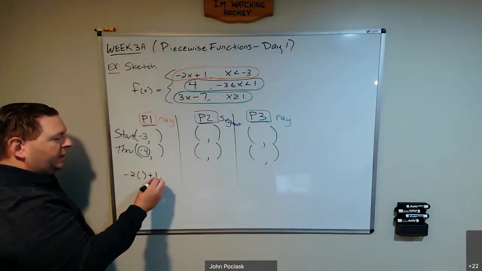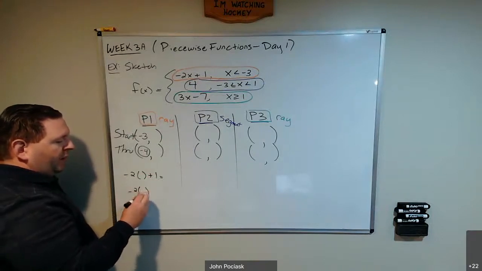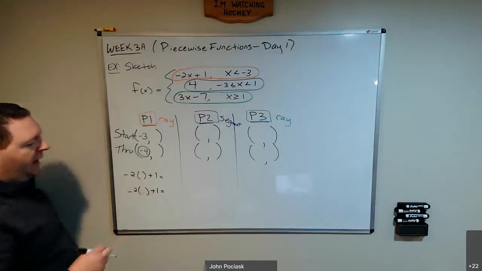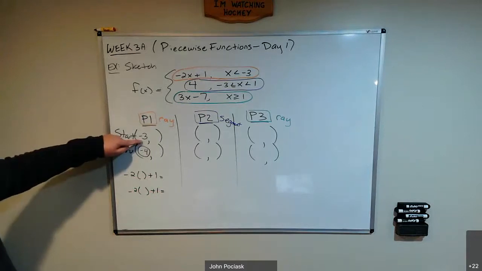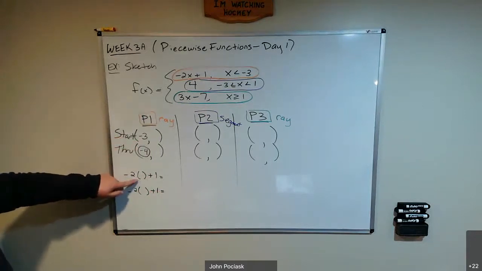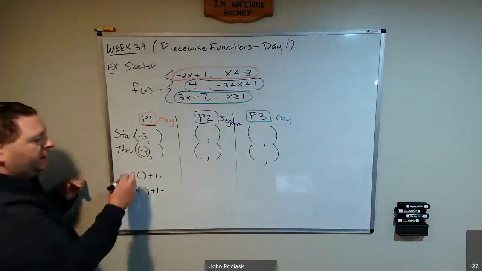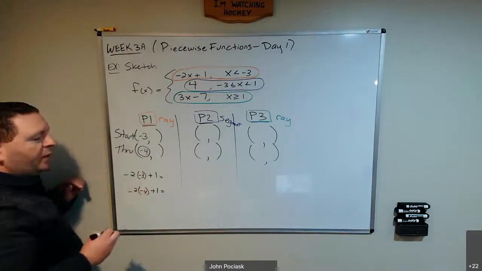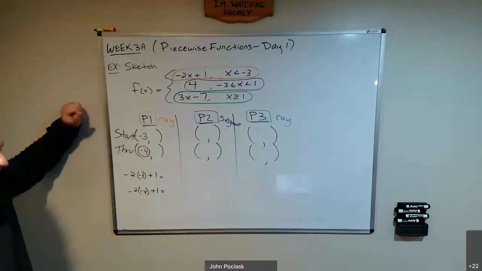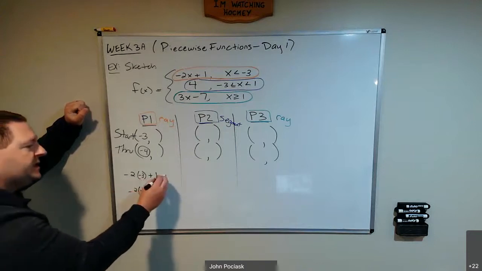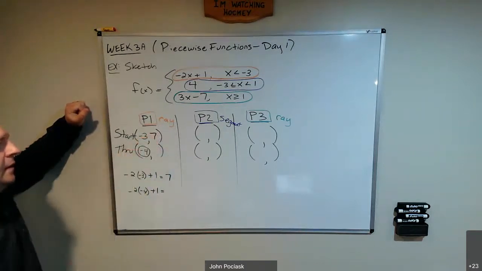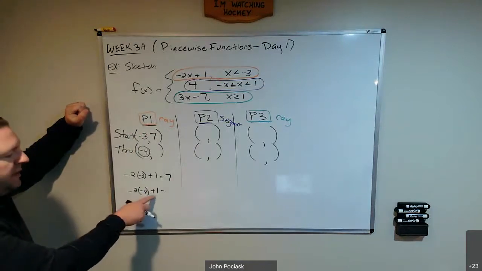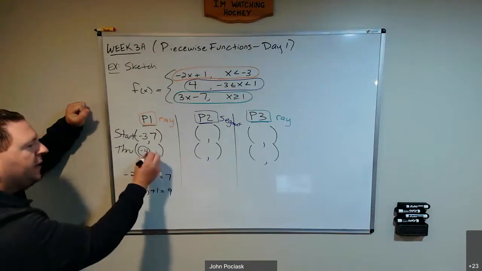Negative 2x plus 1, negative 2x plus 1, right? And I'm substituting these numbers into the function expression. So I substitute negative 3 in, and then I substitute negative 4 in, and I see what I get. So the first one I get 6 plus 1 is 7. That goes up here. The second one I get 8 plus 1 is 9. That goes on here.